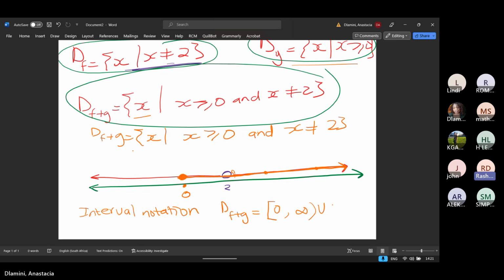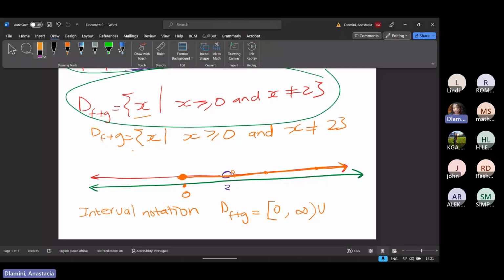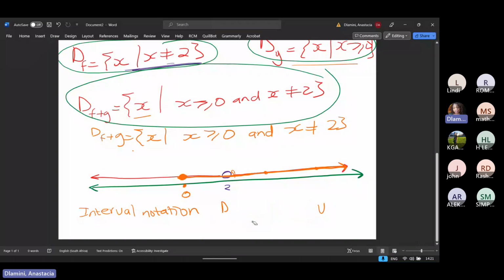Zero. I'm not sure about this one. You see that you made a mistake. Look at it and then tell me. Again, look at the number line, and I want you to write using the interval. Where is the orange line on top of the red line? Or guys, you don't see that? Maybe I should use a green, a different color.